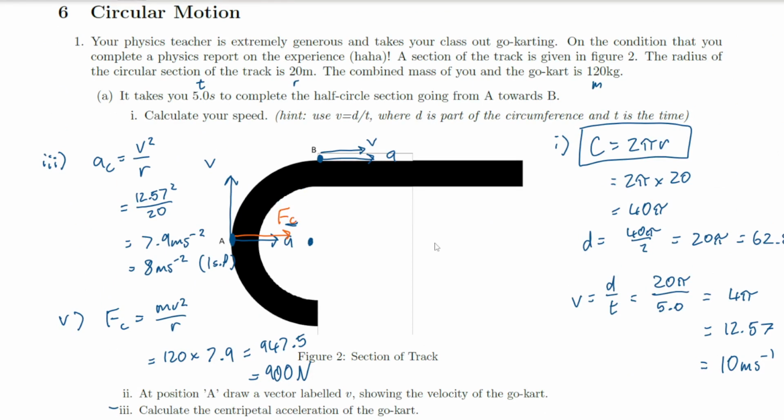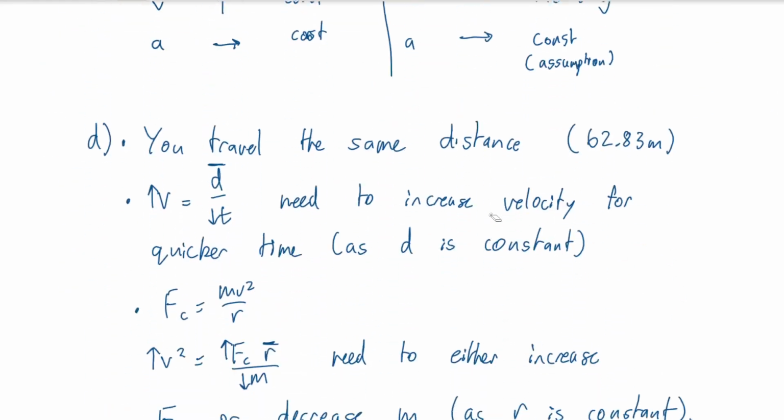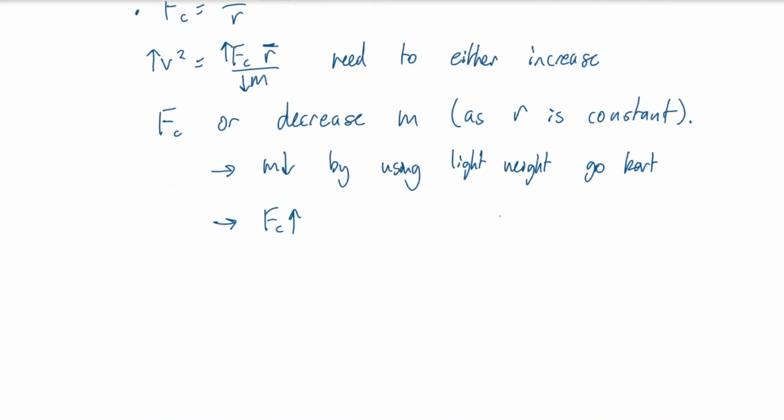Right, assuming the track is flat, the force pushing it inwards is actually friction. So this centripetal force comes completely from friction. So how can we increase friction? So increasing centripetal force means increasing friction.